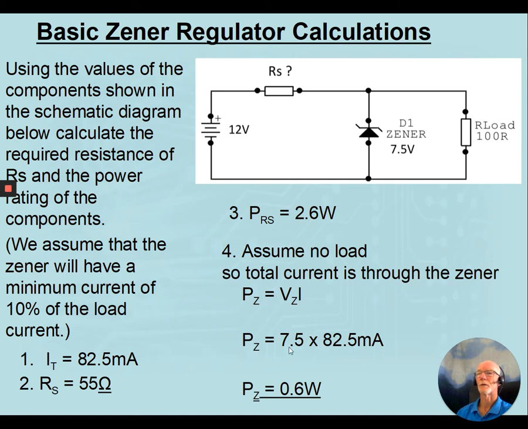So 7.5 times 82.5 would be 0.6 of a watt, or roundabout. Now, Zeners don't come in 0.6, they normally come in half, 1 and 2 watt values, so we would need to use a 1 watt or a 2 watt Zener. In this case, 1 watt would be ample.